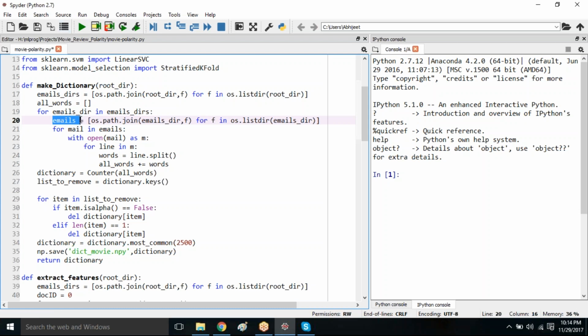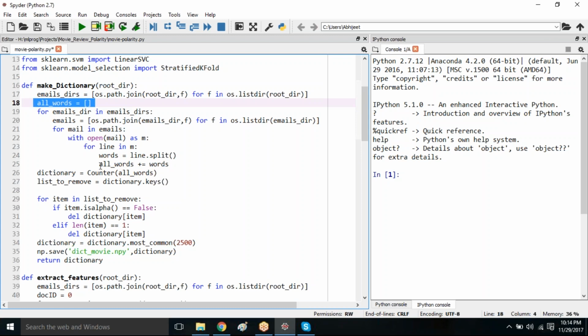And what we are doing, see, for each mail, for each review, basically we are opening it, for line in M. Basically we are splitting each line into words, and then these words are counted and given to all words. All words is an empty list where I can keep on adding all the words which are there.